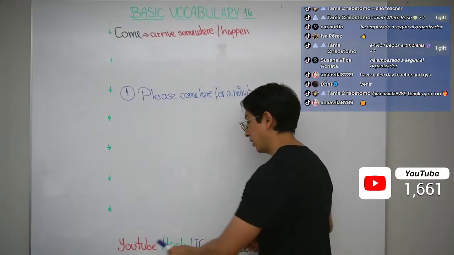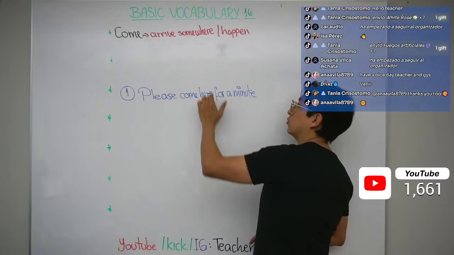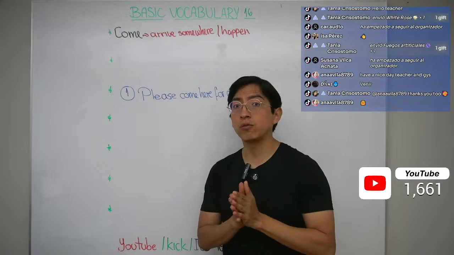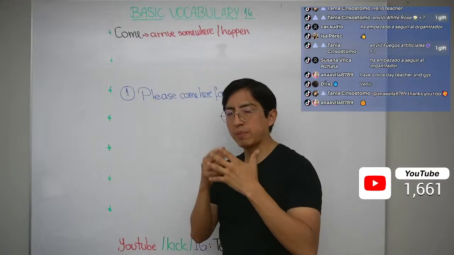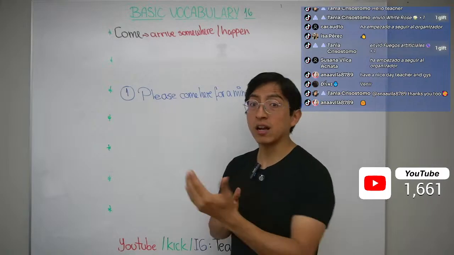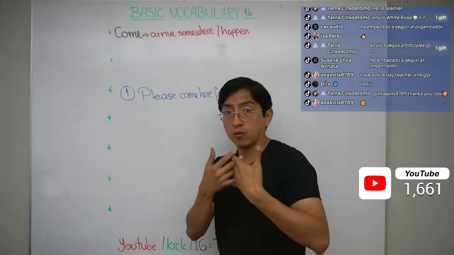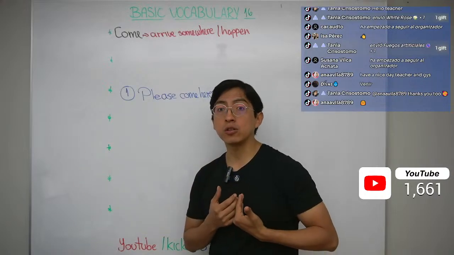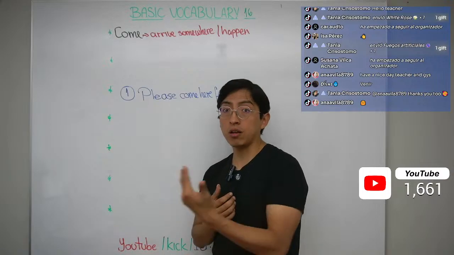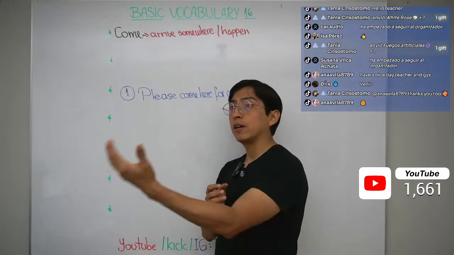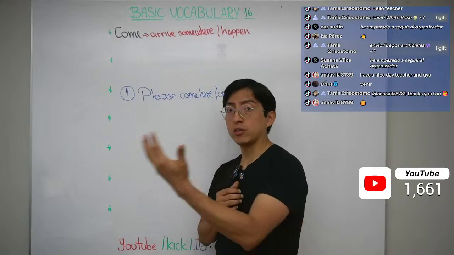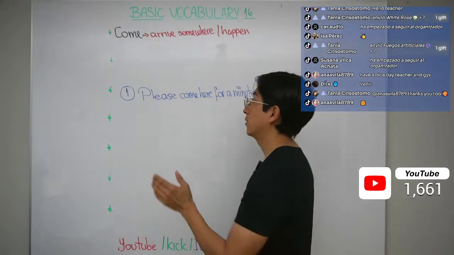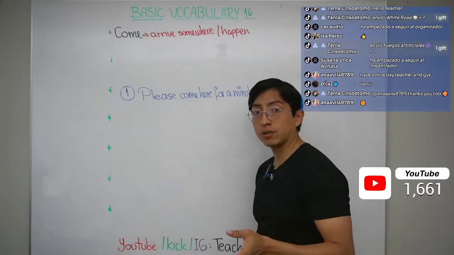We're talking about going to this specific place. So remember, this word is always for perspective. You are going to say come if you are in the correct place and you are inviting someone to get near to you, or get close to you. That is the idea of come. You're inviting someone else to get closer to you. Okay, please come here for a minute. That is the first example.